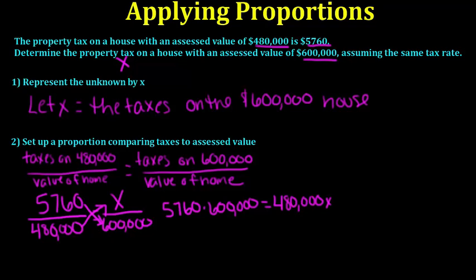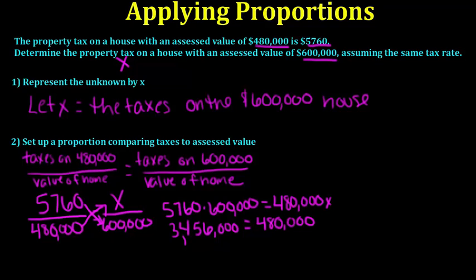So 5,760 times 600,000 is going to give you 3,456,000, is equal to 480,000x.